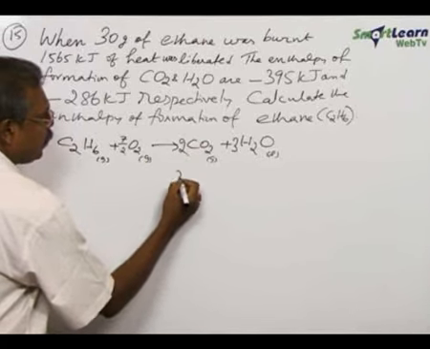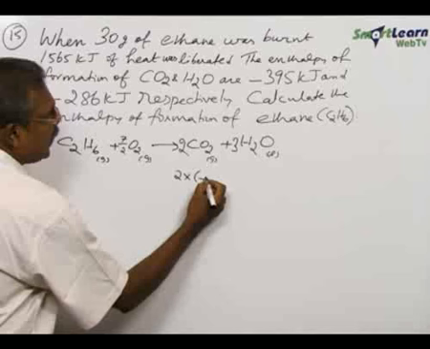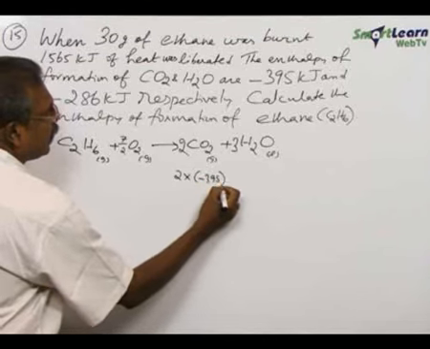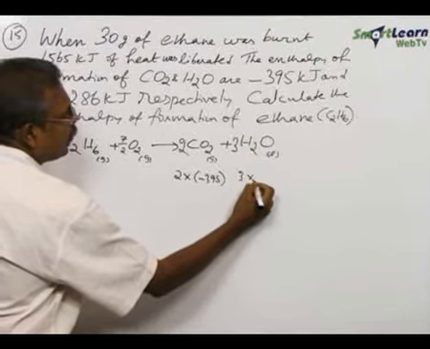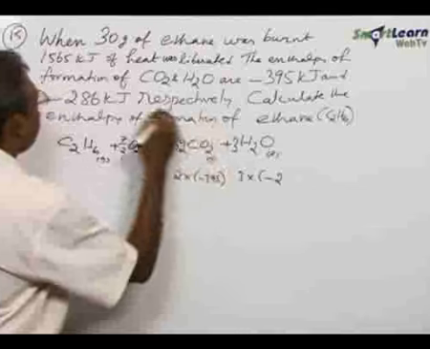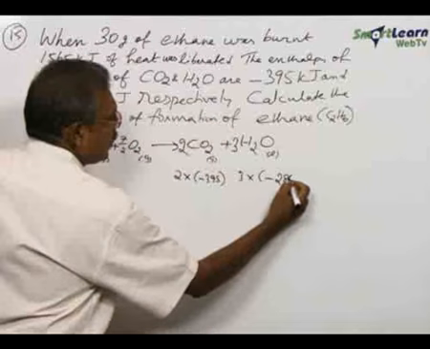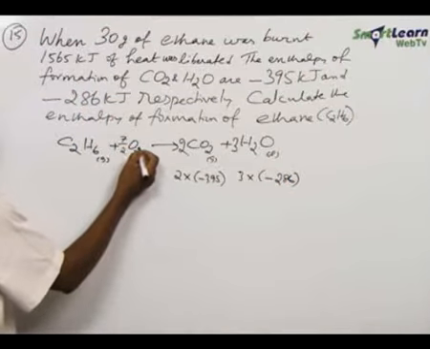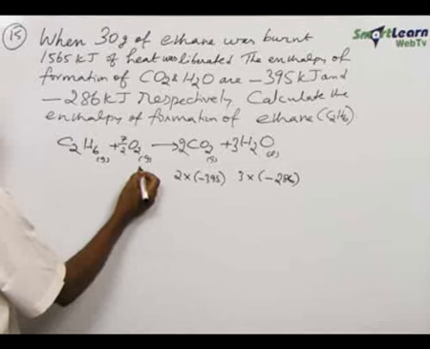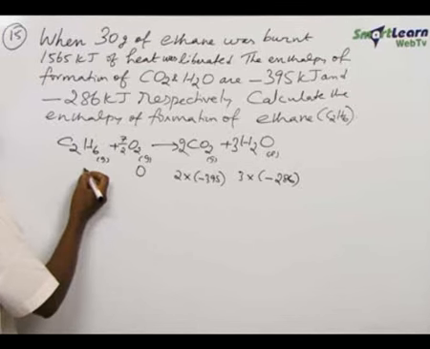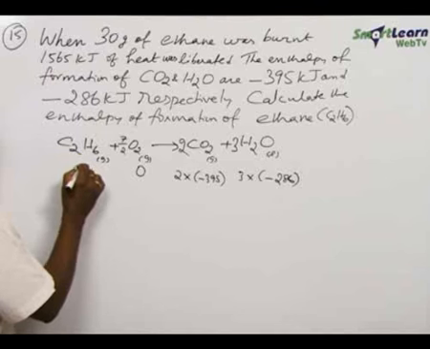So here you write 2 into minus 395, and here 3 into minus 286. And for the element in its naturally occurring physical state it is taken as 0. So only the C2H6 enthalpy of formation is left out, let it be X.